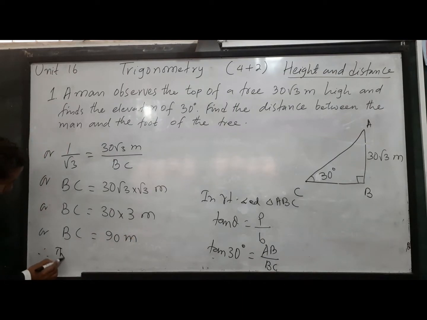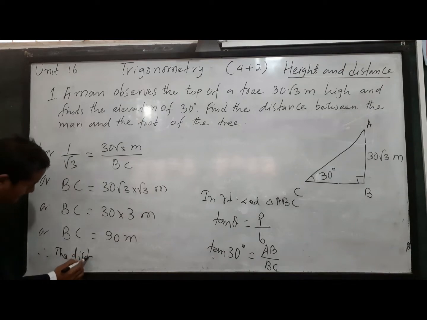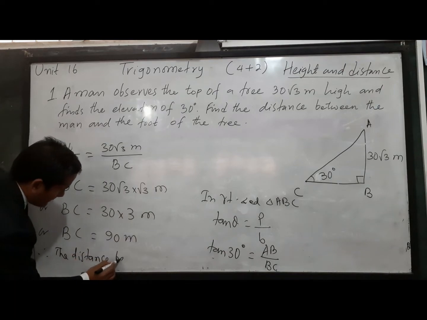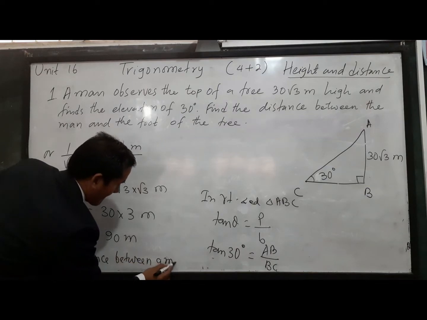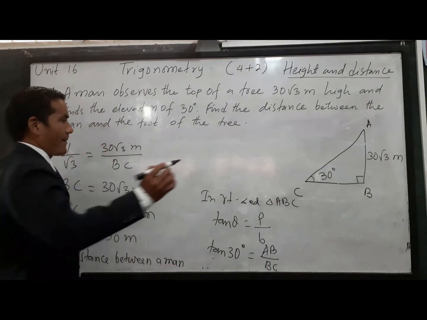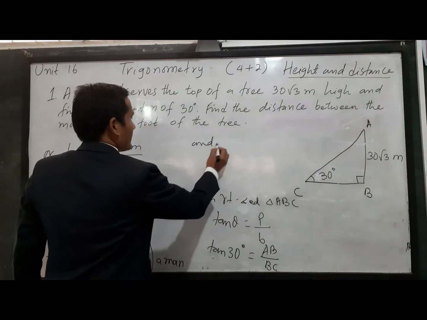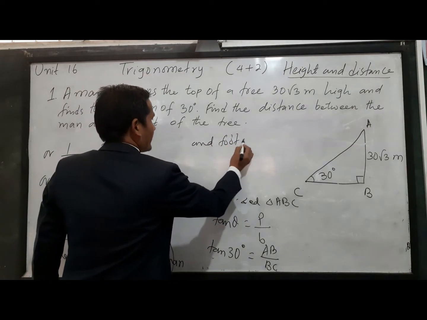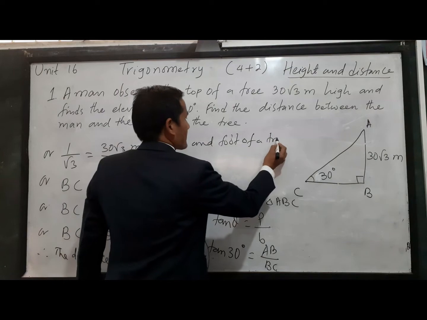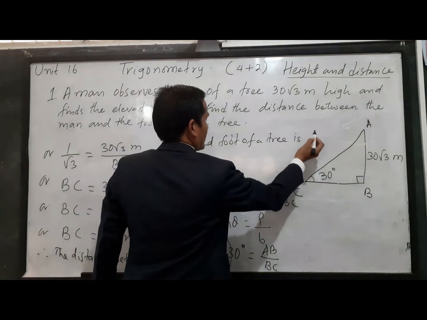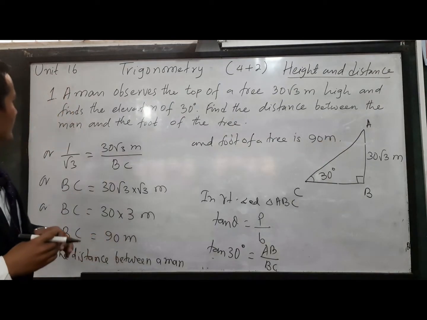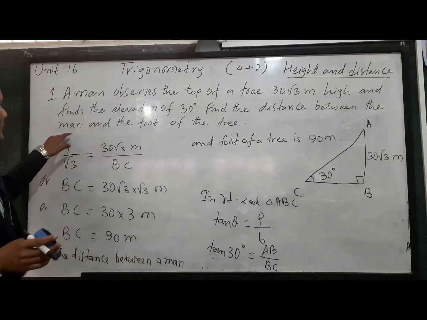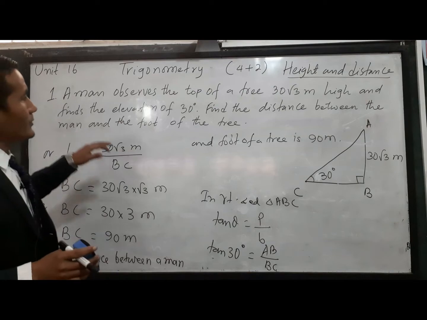Therefore, the distance between the man and the foot of the tree is 90 meters.